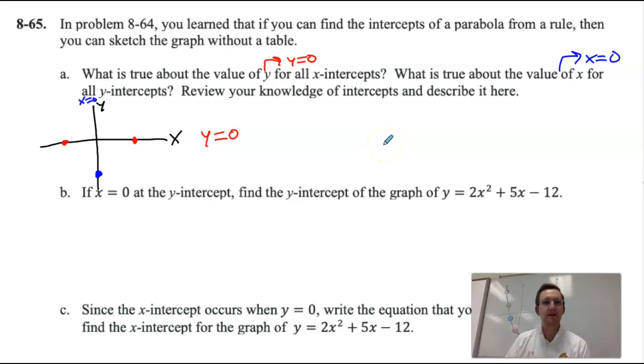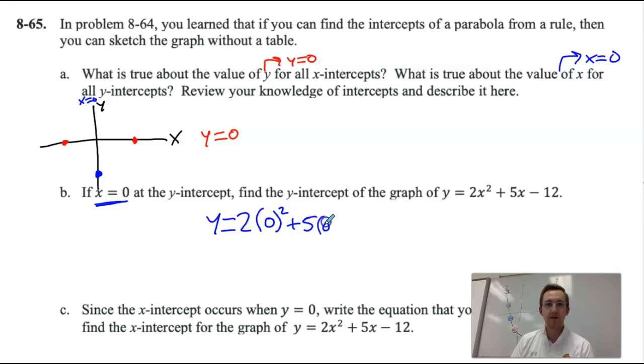So if x is equal to 0 for the y-intercepts, let's find what our y-intercept is going to be for this equation. So again, y equals 2x squared plus 5x minus 12. So if we want to find the y-intercept, we can just plug in 0 for x. So this equation becomes y equals 2 times 0 squared plus 5 times 0 minus 12.